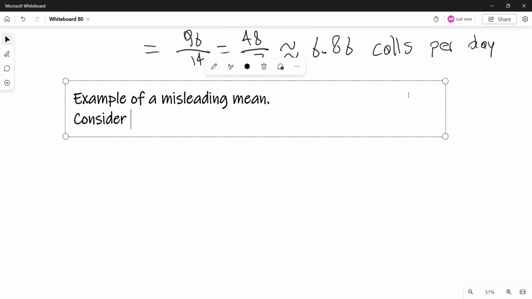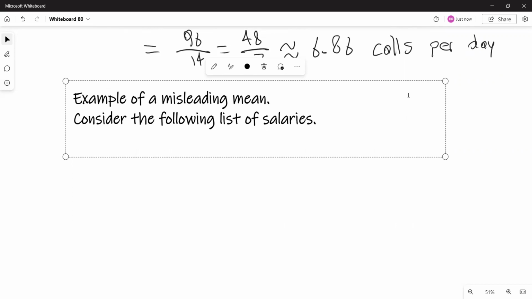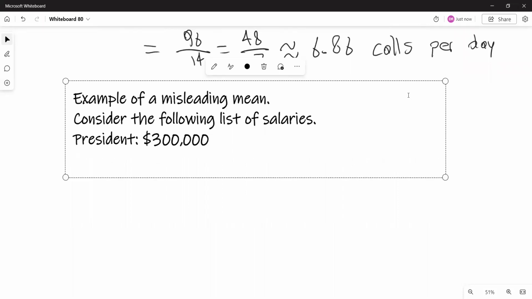Consider the following list of salaries. Let's say that the president of a company makes $300,000, and 4 workers earn $50,000 each.